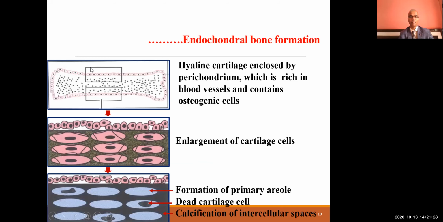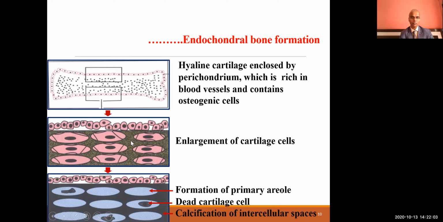Here in the diagram, this area shows the hyaline cartilage enclosed by the perichondrium. This perichondrium is rich in blood vessels and contains osteogenic cells. This black area shows the intercellular spaces, and these cells are cartilage cells which are enlarged. These cartilage cells secrete alkaline phosphatase and calcification of the intercellular matrix takes place.